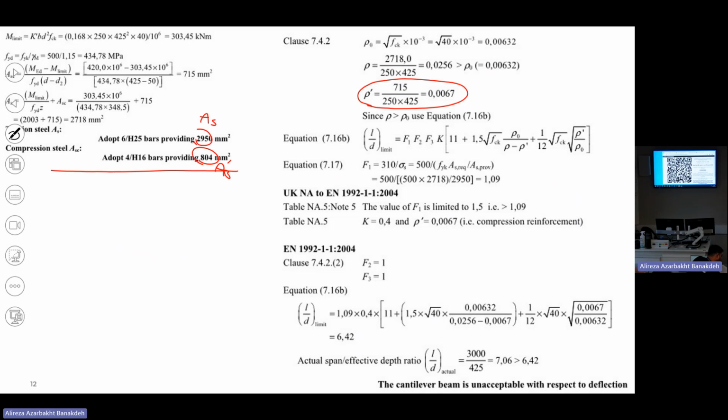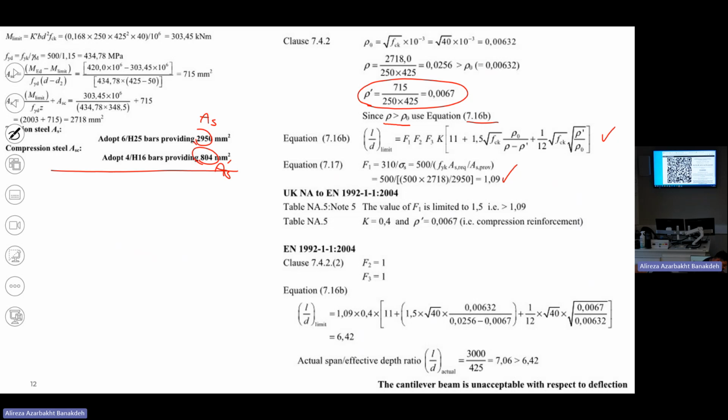The rest of the problem is really the same. We calculate rho 0, rho prime. Again, you are using the second formula, but you have rho prime in place. Okay, so the formula is here. You put F1, this time it is 1.09. It was 1.07 in the previous case.